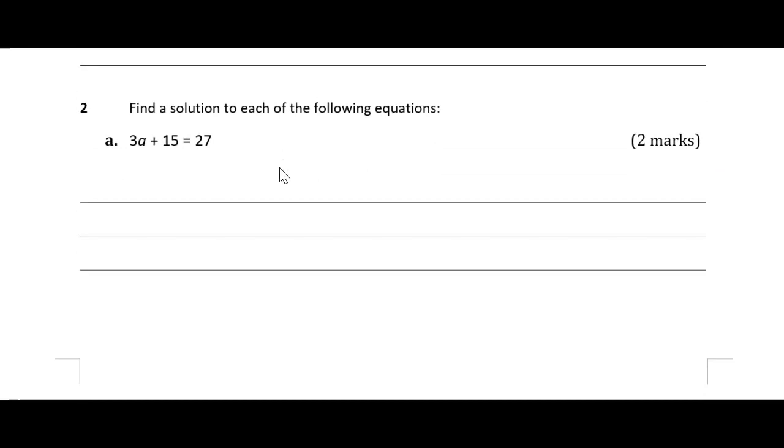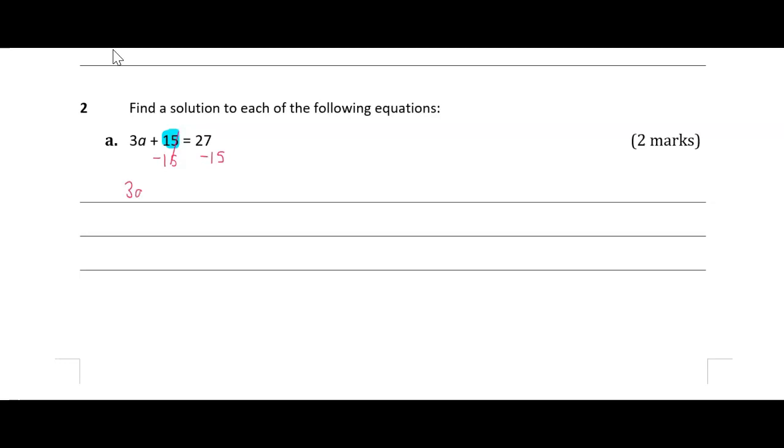Now we've got 2 steps. So we're multiplying a number by 3 and then adding 15 to get 27. When we're doing that, we always get rid of the constant first. The constant is the number on its own. So if we've got plus 15, we're going to have to subtract 15 from both sides.